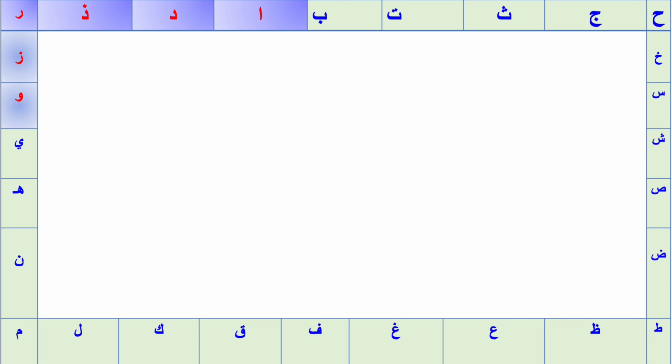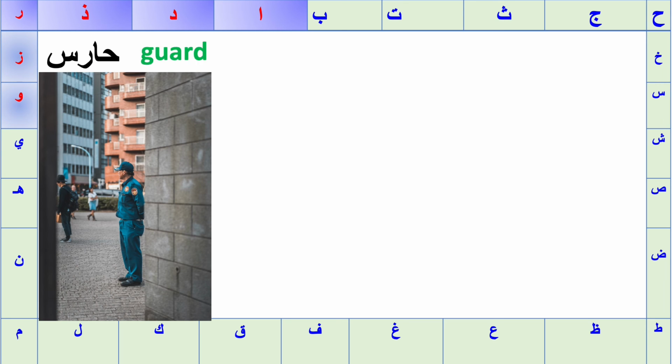Let's have one more example where the letter sin is final. We have the word haris, which means guard. The component letters are ha, alif, ra, sin. We'll see how these letters will connect with one another. The ha will extend to the left to join the alif.